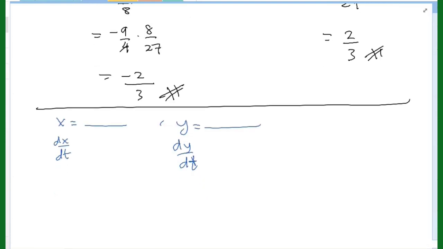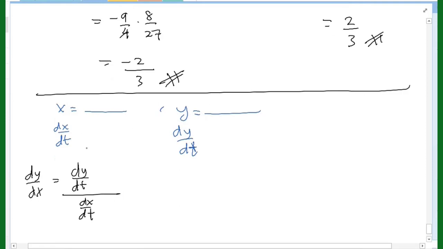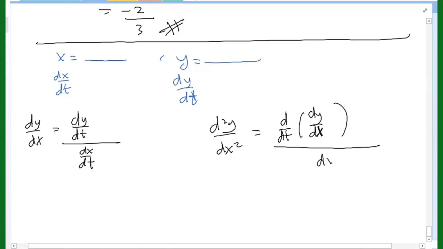Okay, and then find dy/dx, which means dy/dt over dx/dt. Just that. And then to find d2y/dx squared, you need to differentiate dy/dx with respect to t, over dx/dt. That's your level of parametric equations. Okay, that's all. Settled.